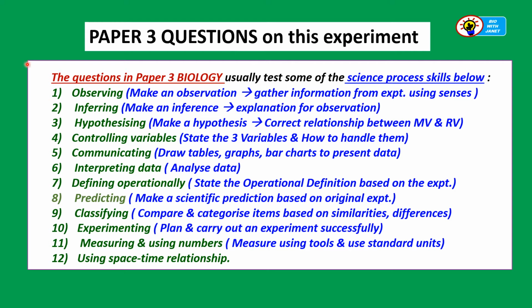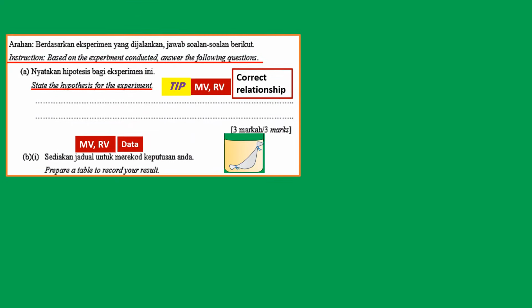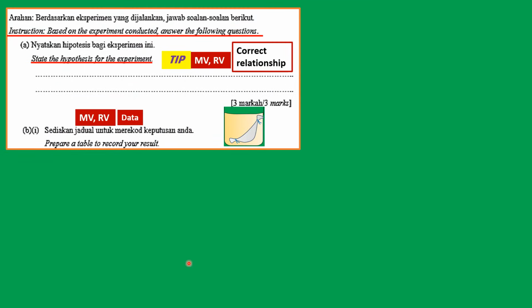So take this as a learning exercise to test your skills and techniques of answering paper 3 questions, and know what the components are for each of the following. What are the components for an observation, an inference, hypothesis, and so forth. So let's go on to the questions.